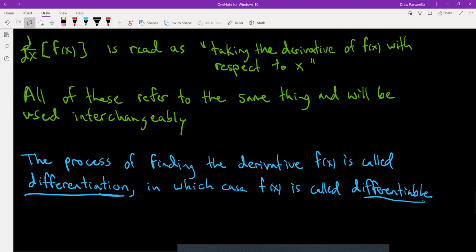So the process of finding the derivative of f of x is called differentiation. So you might hear me say differentiation sometimes, in which case f of x is called differentiable if you can find the derivative.